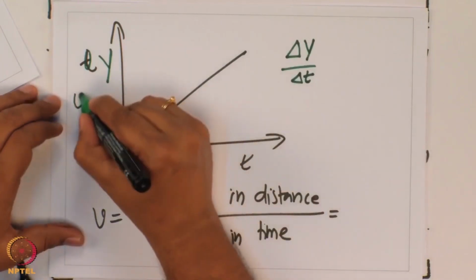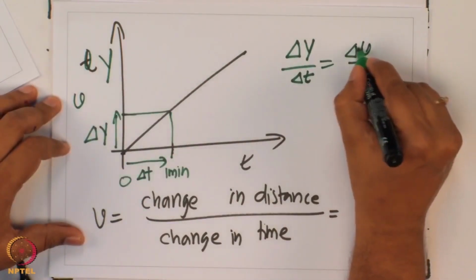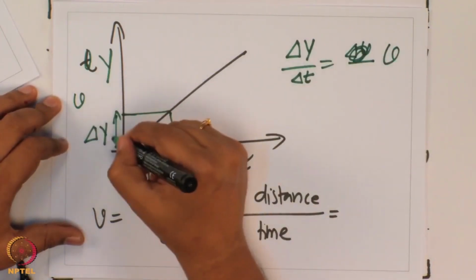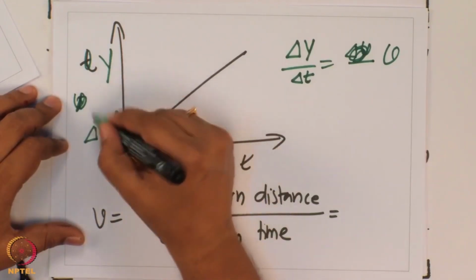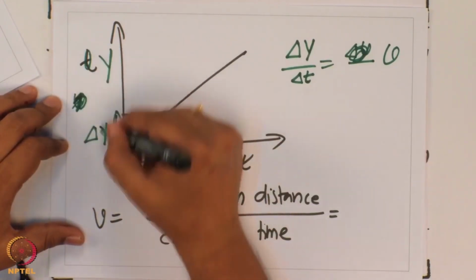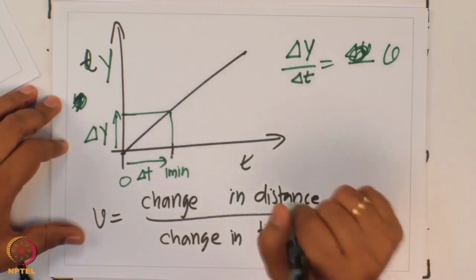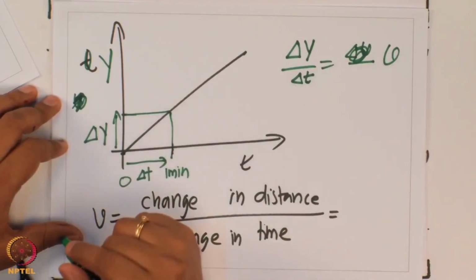Sorry, y is position, so this is not velocity, this is position, and the change in y with time is called the velocity. So delta y by delta t is velocity.